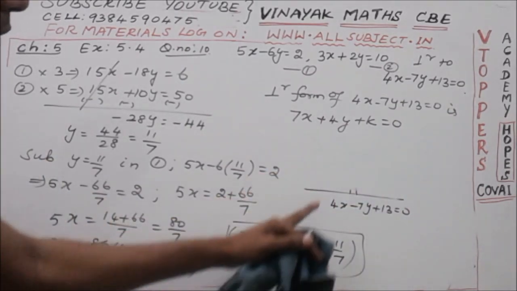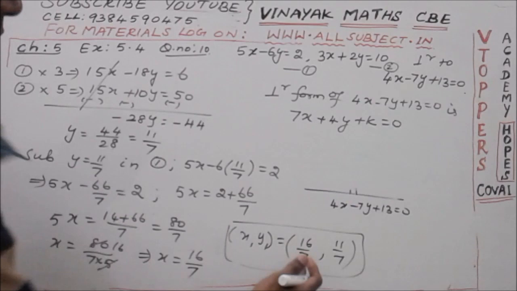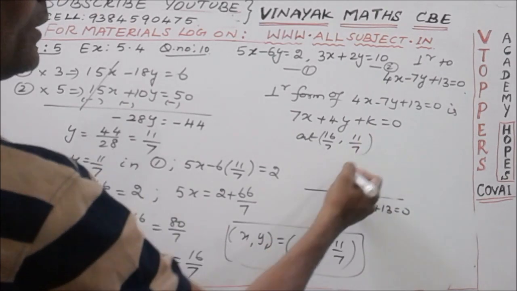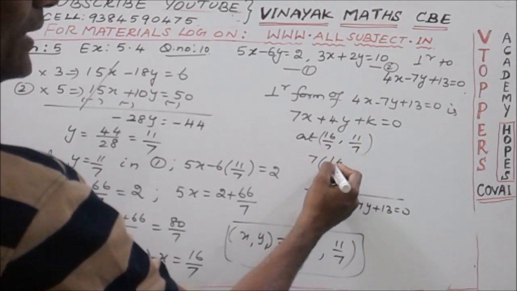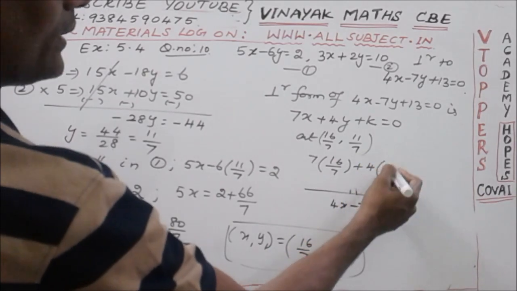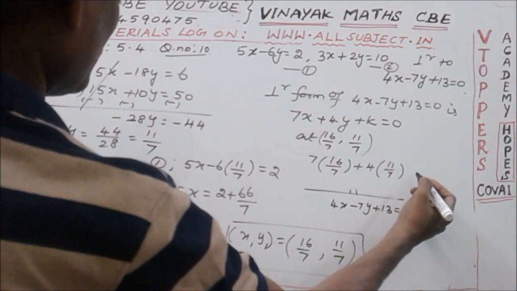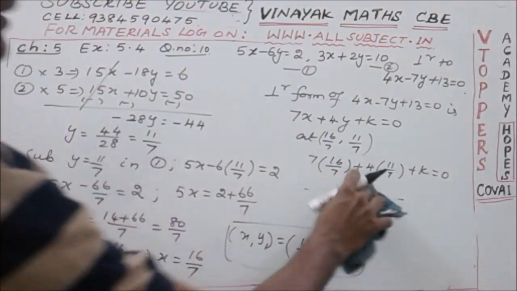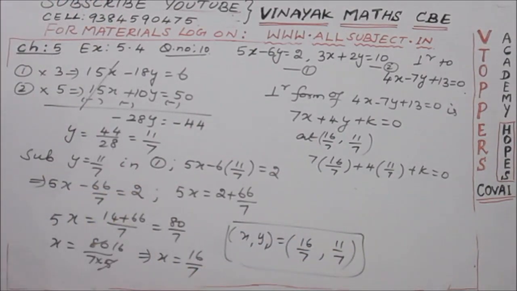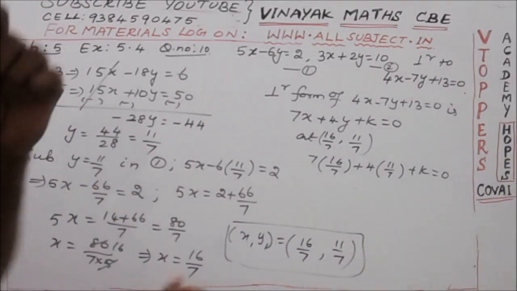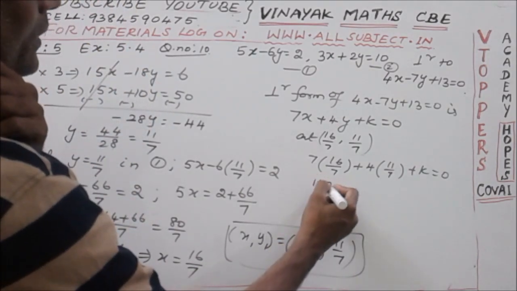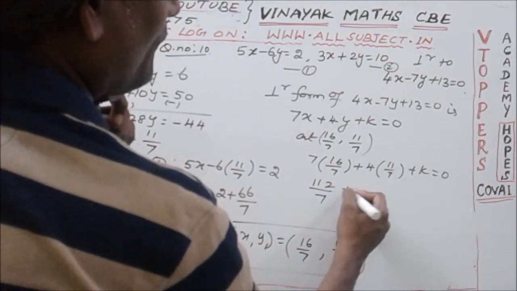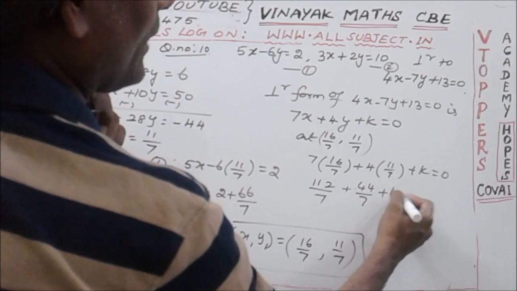Now it passes through 16 by 7 comma 11 by 7, so substituting, 7 into 16 by 7 plus 4 into 11 by 7 plus k equal to 0. Now calculating, 7 into 16 is 112 divided by 7, and then plus 44 by 7 plus k equal to 0.